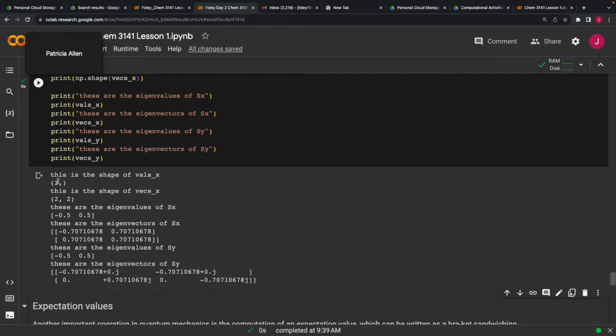I'm going to call this first eigenvector of Sx chi beta of x.